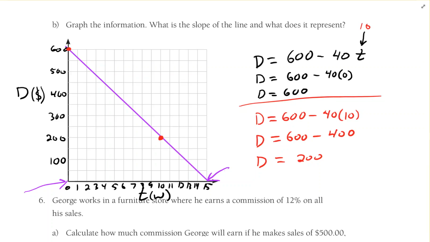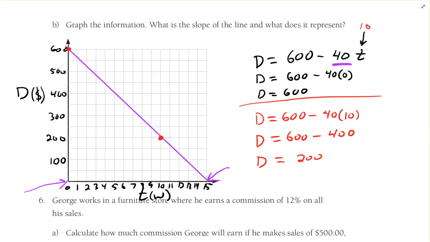Now it says, what is the slope of the line and what does it represent? Well, the slope of this line, I can tell right from here, it's 40. If I drew a triangle using the whole thing, I'd go 600 for a rise, or negative 600 because it's going down, and then 15.